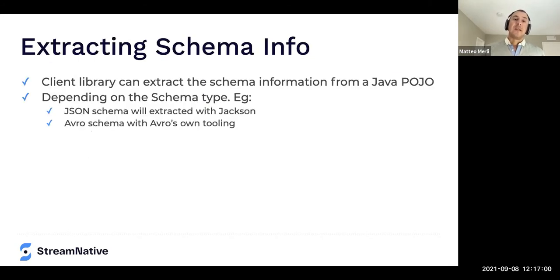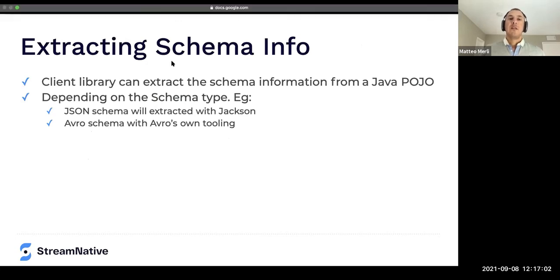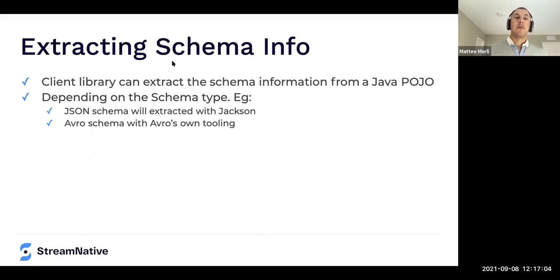When extracting the schema info, this is done through the libraries that we use for serialization. It depends on how you declare it, but essentially we are using Jackson for JSON extraction, so you can also use Jackson annotations, like ignore, in there.